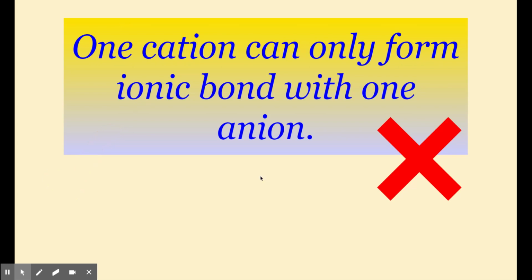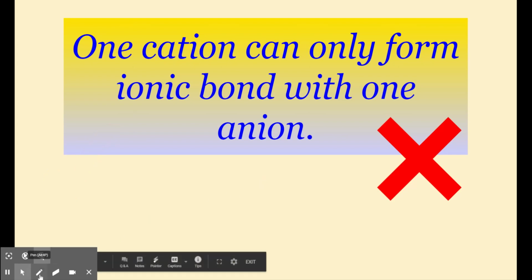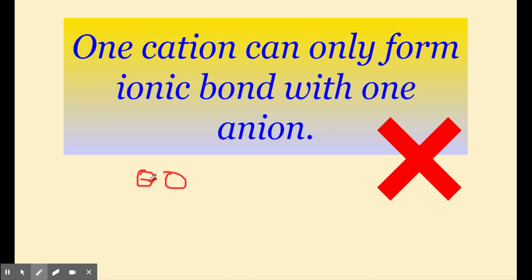The reason for no is because a cation actually forms attraction force with anions in a multi-directional manner. That means if you have a cation like this, and then you have an anion like this, they will also form another bonding between these two ions.